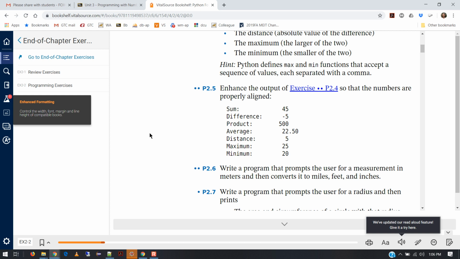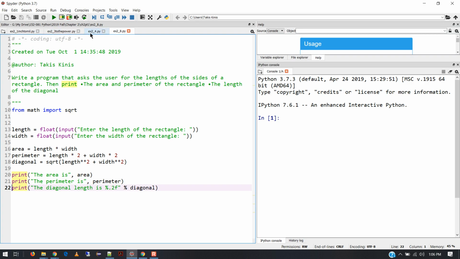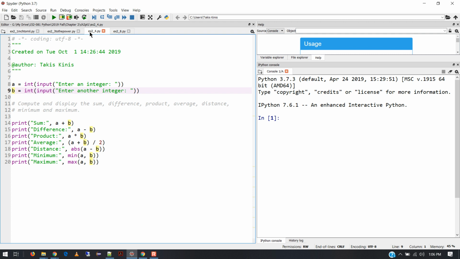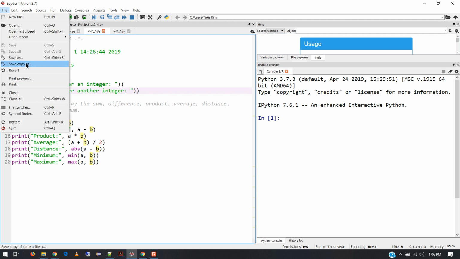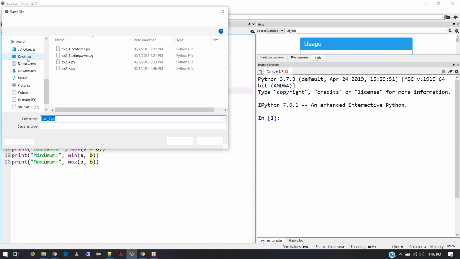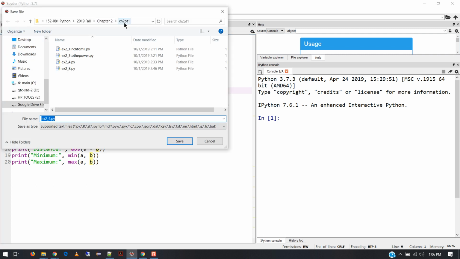So a smart place to start, of course, is to open up 2.4. And maybe with any luck, that tab's still open in here. It sure is. Isn't that wonderful? Now what I'm going to do is, because this is technically a separate exercise, I am going to do a save as on it, put it in a new folder, and give it a new name. So I'm going to start by doing that. I'm going to go to the File menu, choose Save As, and you see I'm still in the Chapter 2 Part 1 folder, so I'm going to go up a level.